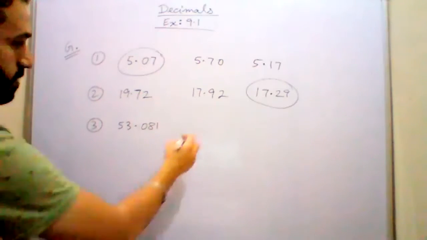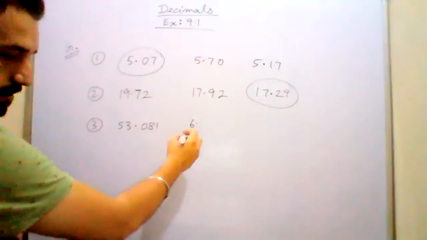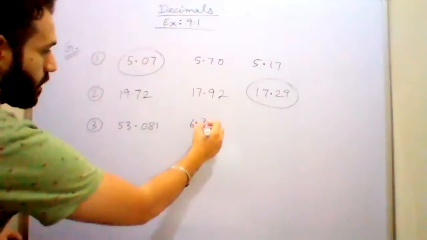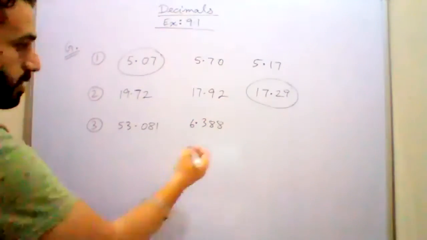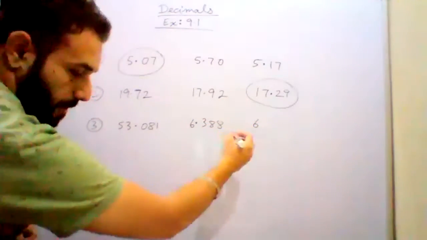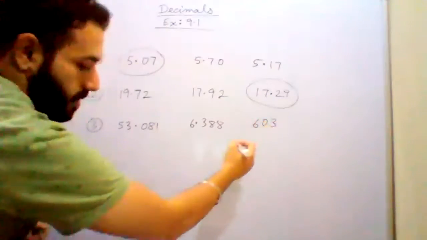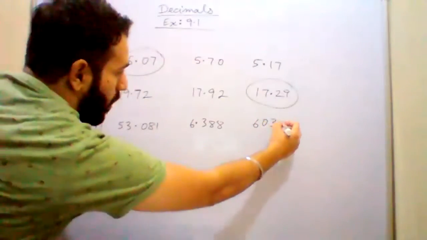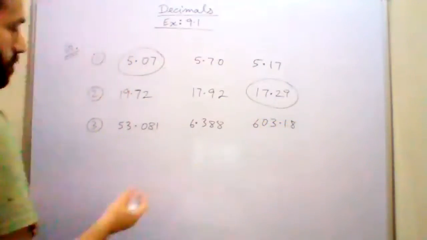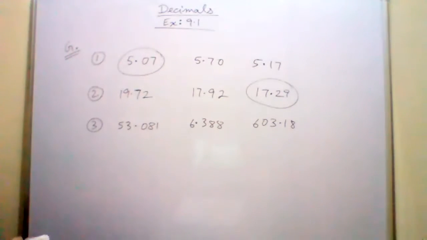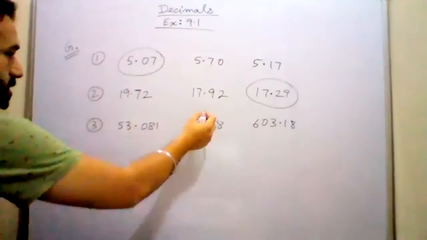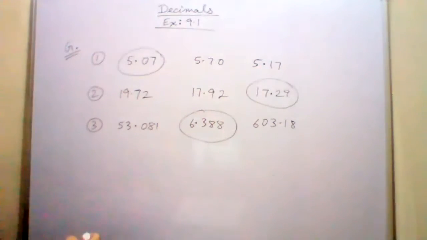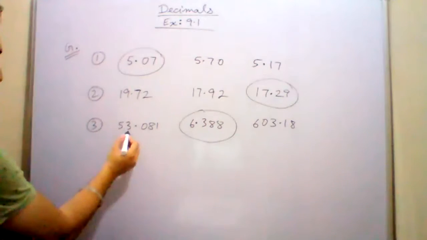The numbers are 3.081, 53.081, 6.388 and 603.18. Smallest number you have to find. 6.388, obviously.